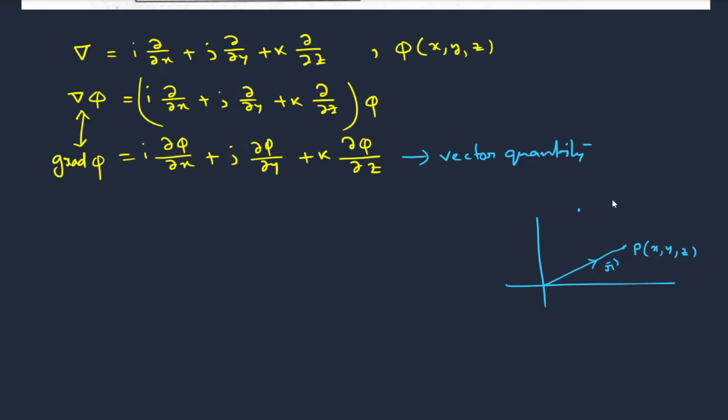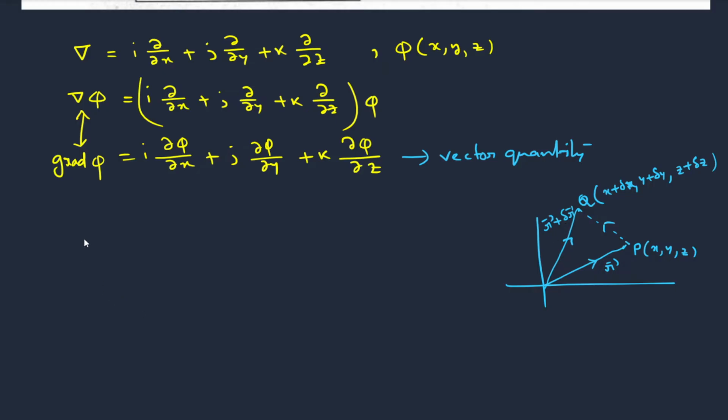If we take another point Q, whose coordinates are x plus delta x, y plus delta y, and z plus delta z, its position vector is r bar plus delta r bar, and this is PQ bar. If you want to go along the PQ direction, then what will we get?